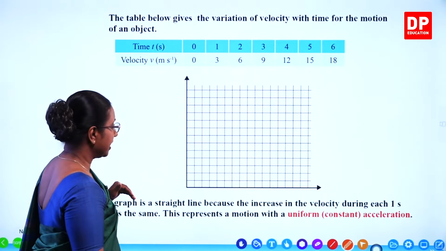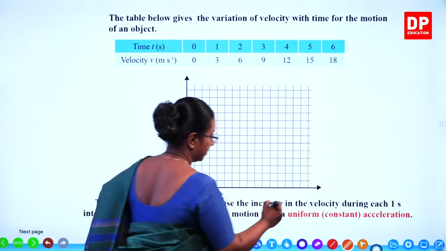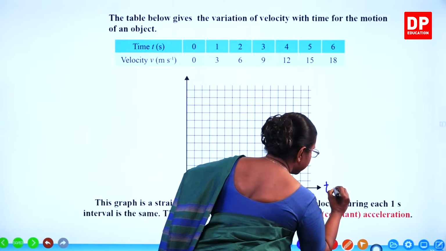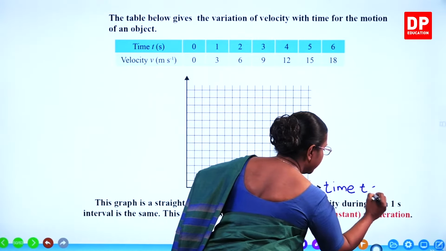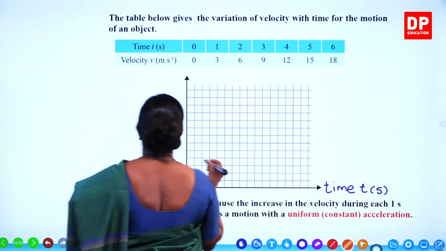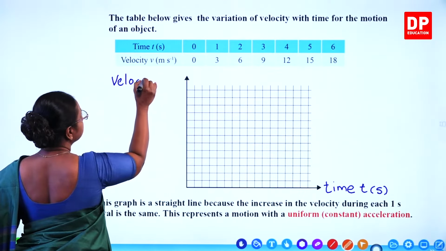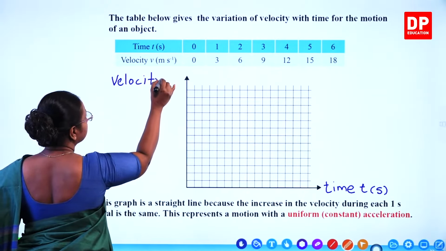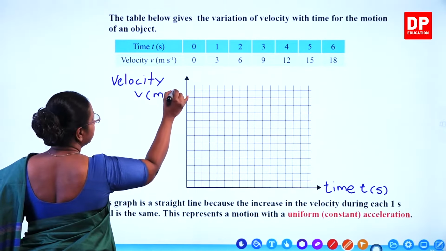So as I said, we have to label the axis first. The x-axis will be time, t in seconds, and the y-axis will be velocity, v in meter per second.